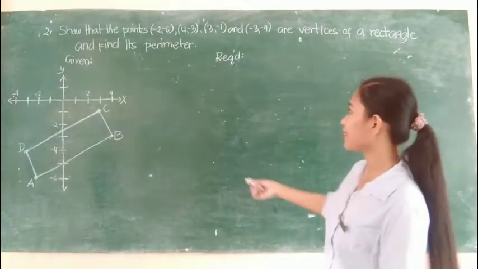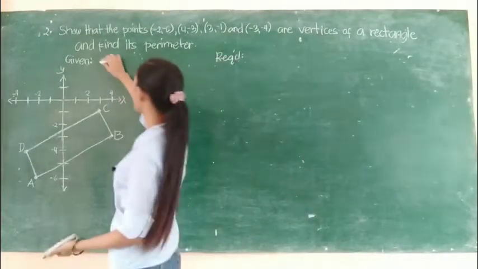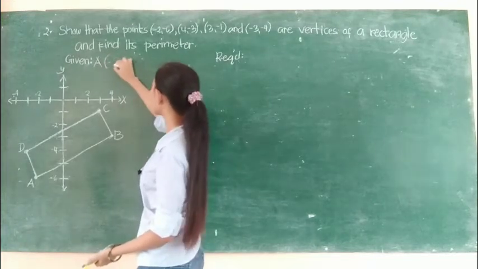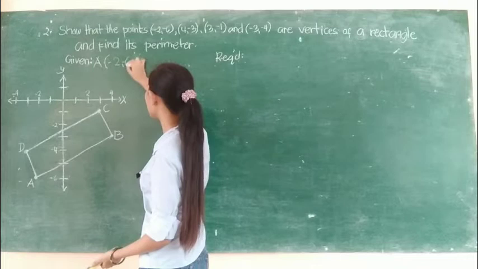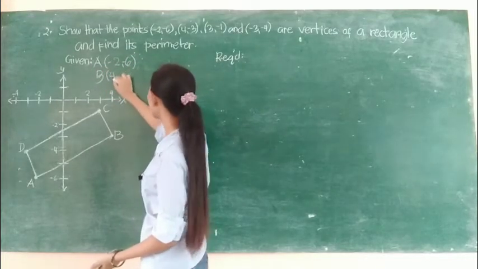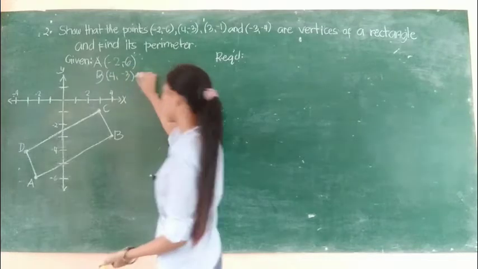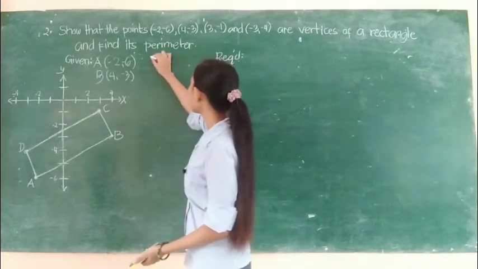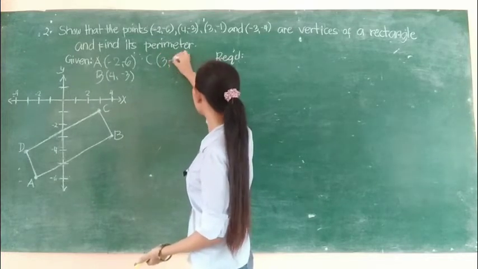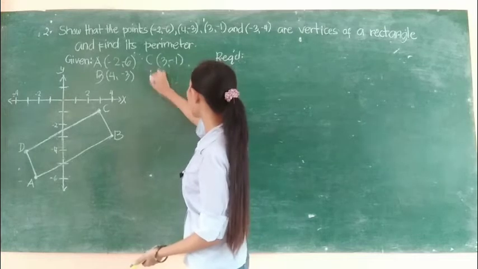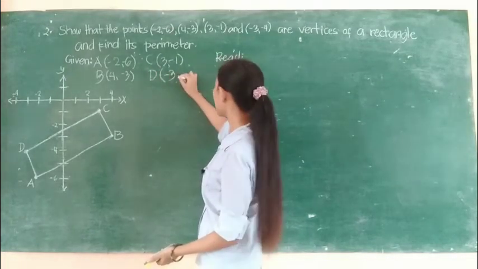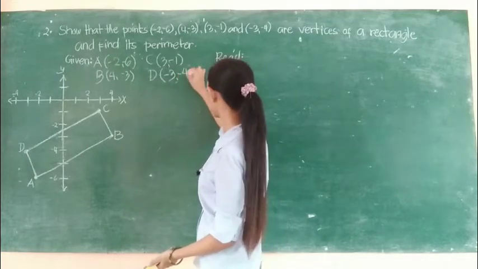So now the given are point A, which is -2 and -6, point B, 4 and -3, then point C, 3 and -1, then point D, which is -3 and -4.